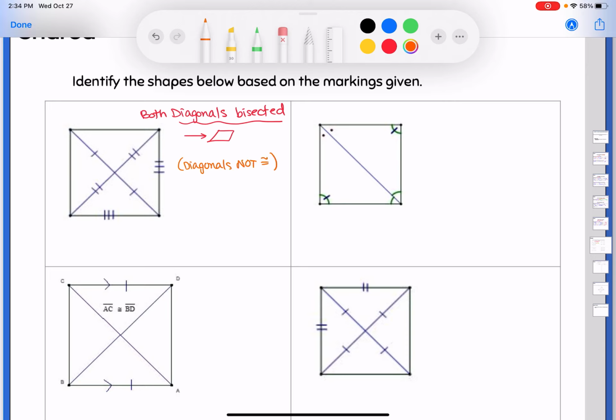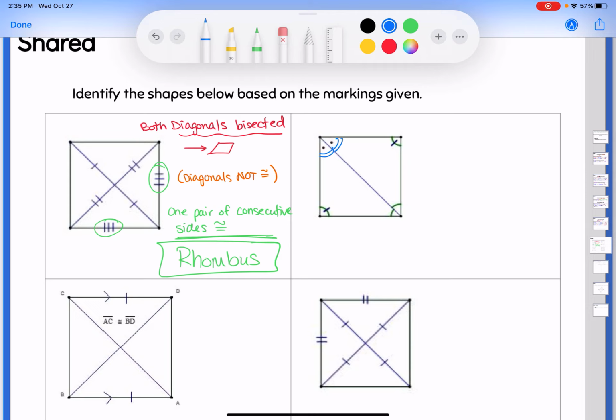All right, let's go to the top right over here. You might be a little bit confused by these two dots; sometimes we just run out of ways to mark things, but this really means that these two are congruent as well. So I notice that I have one pair of opposite angles congruent, right?